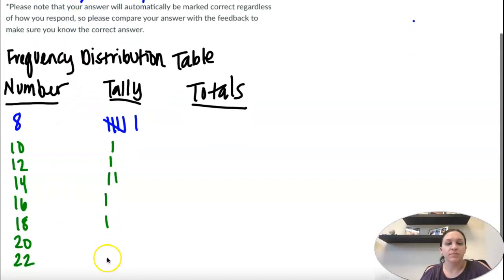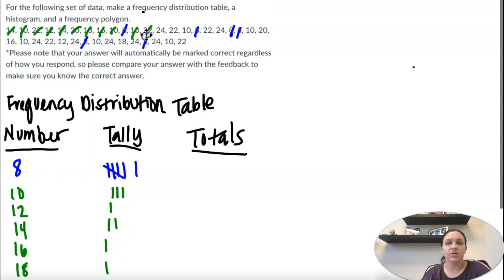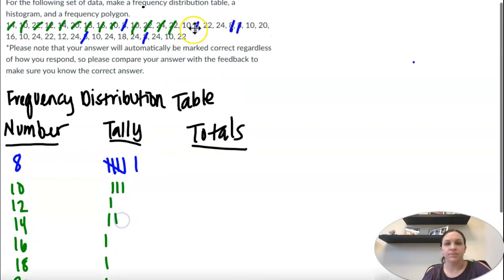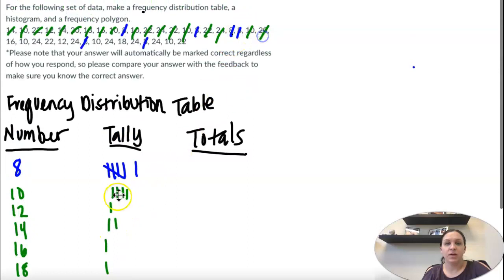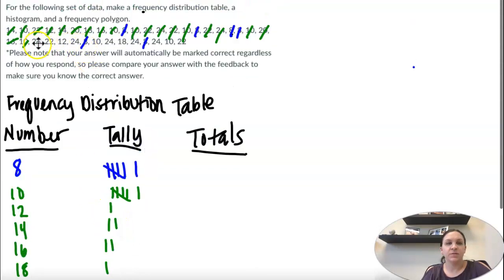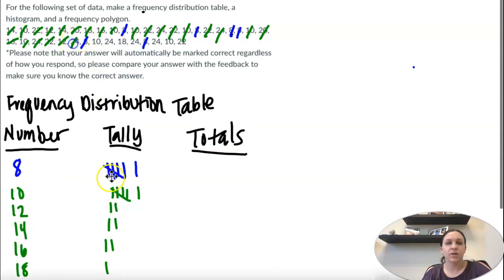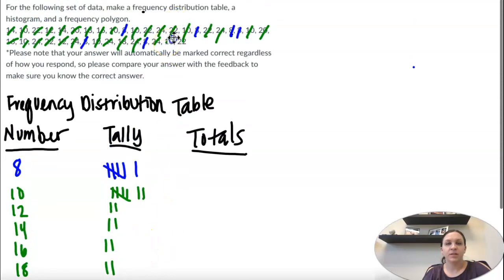So there's a 22, 20, 10, 10, 22, 24, 22, 10, 22, 24, 10, 20, sorry, I'm doing 2 numbers at a time, 16, 10, 24, 22, those seem to go together, 12, 24, 10, 24, 18, 24, 24 again, 10, 22.